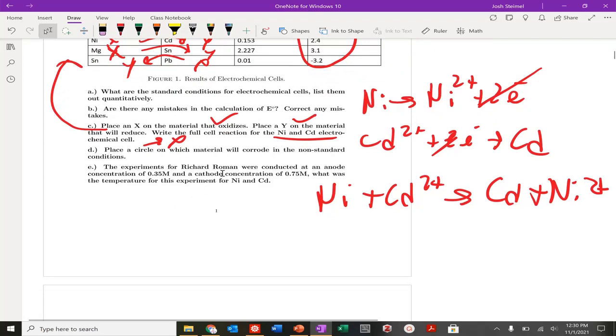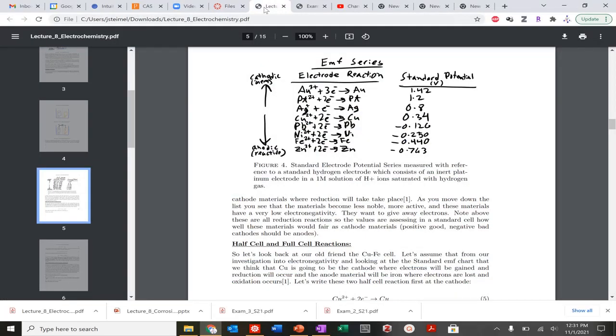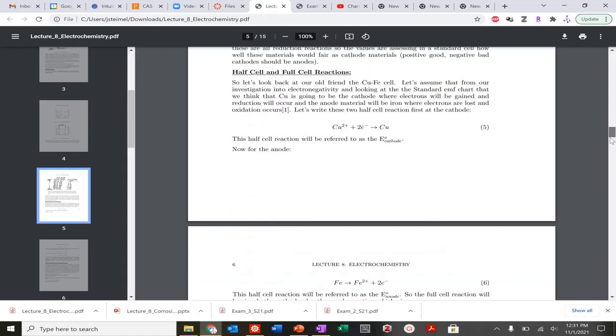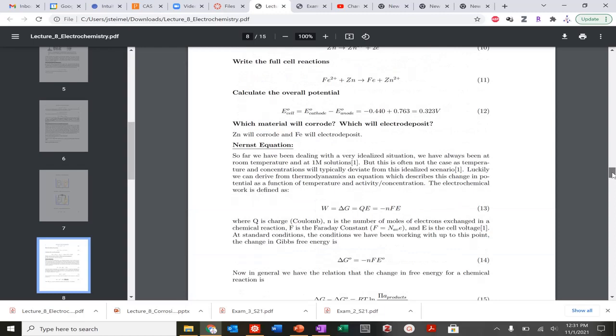And now, finally, the experiments were conducted at an anode concentration of 0.35 molar and a cathode concentration of 0.75. What was the temperature for this experiment for the nickel cadmium? So now we need to use our Nernst equation, which is E minus E naught equals minus RT over NF. Let's pull up our notes real quickly. Here's the Nernst equation.